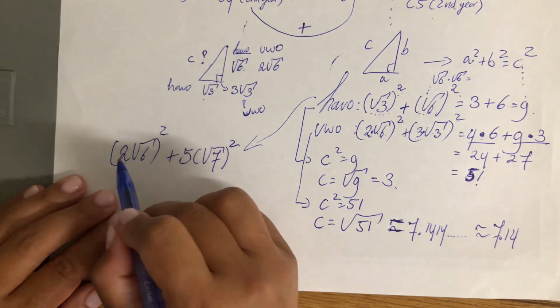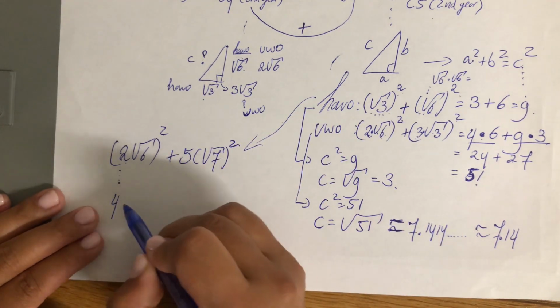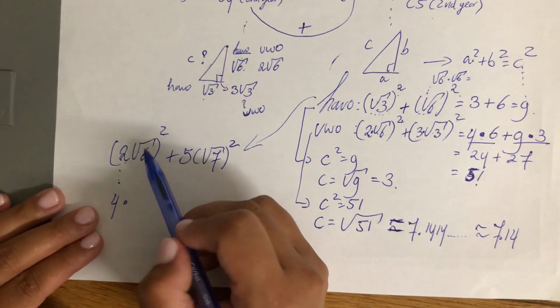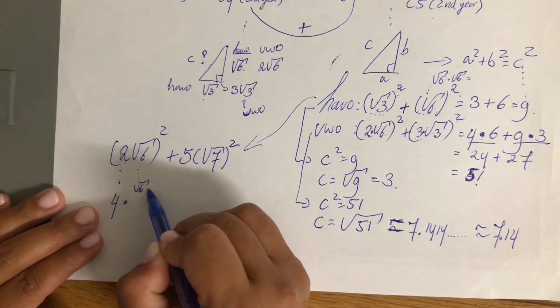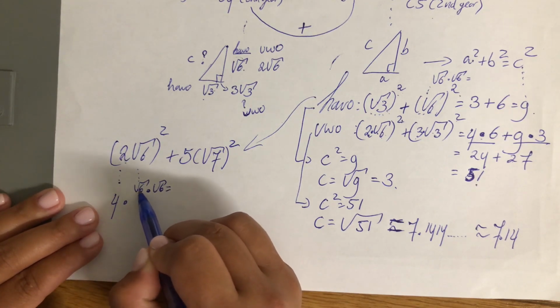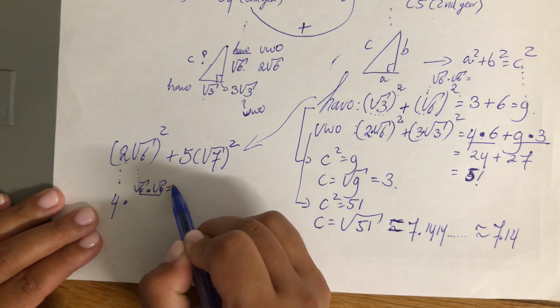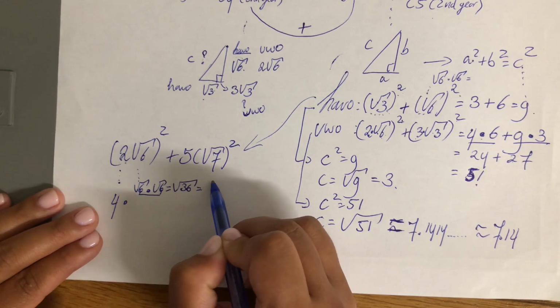So you know, okay, 2 times itself, so 2 times 2 makes 4. Then you know, okay, the square root of 6, I'm writing it like this. The square root of 6 times the square root of 6 is, using what you know, 6 times 6 makes 36, so square root 36. But this is equal to 6.